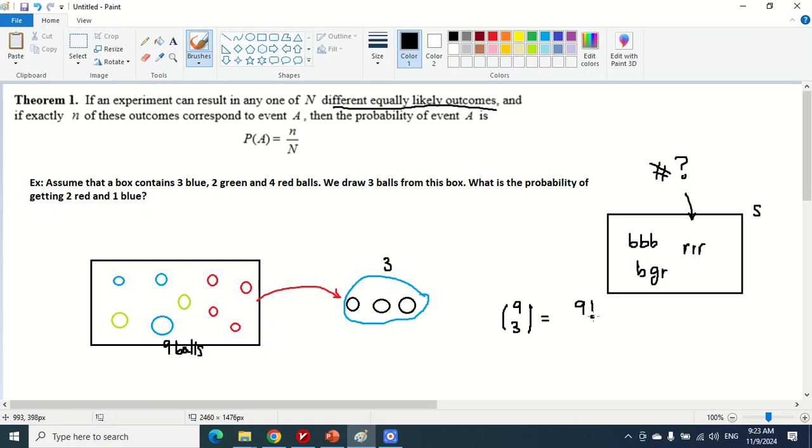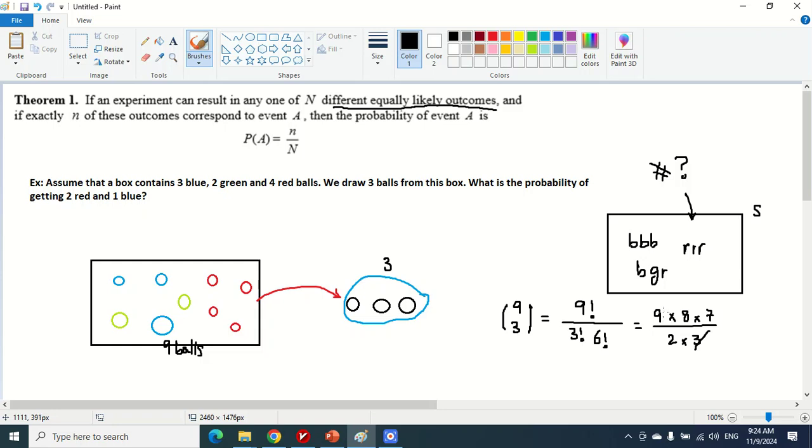The combination of 3 out of 9 will be 9 factorial over 3 factorial, because of the number at the bottom, and 9 minus 3 is 6, so 6 factorial. If I cancel 9 factorial and 6 factorial, then I have 9 times 8 times 7 times 6 factorial. That is cancelled with the 6 factorial at the bottom, and we have 3 factorial, which is 3 times 2, at the denominator.